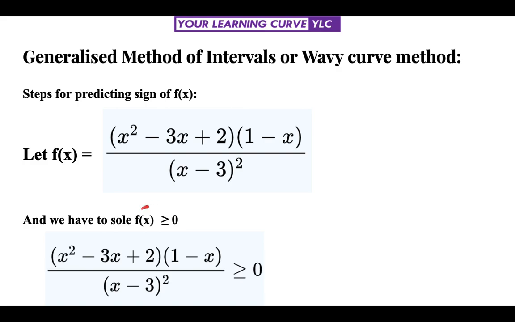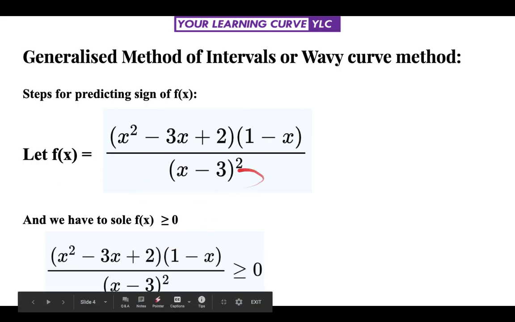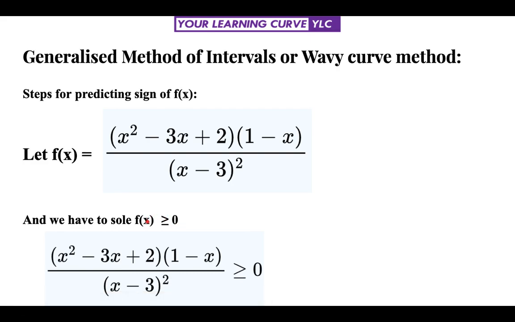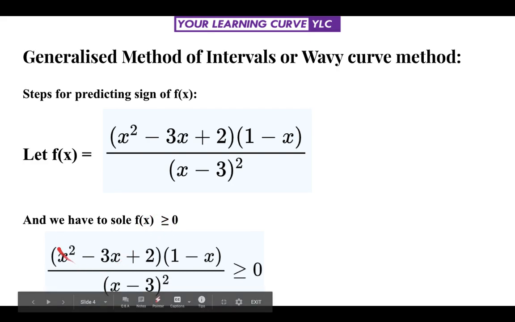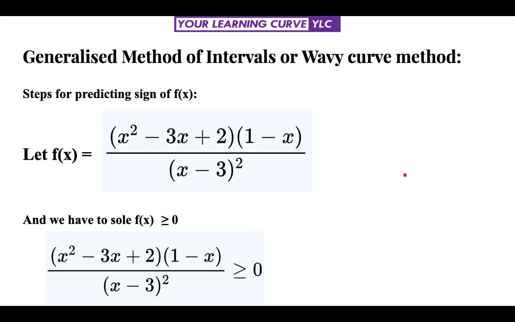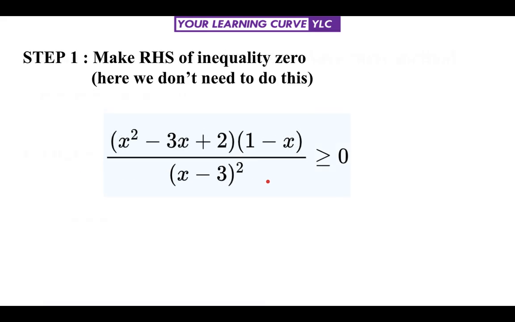We have to find when this function is positive or equal to 0, that is, f(x) is greater than or equal to 0, or this entire expression is greater than or equal to 0. We'll see step by step how to proceed to predict the sign of this function f(x) when x varies from minus infinity to plus infinity.